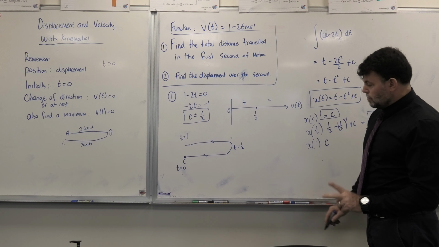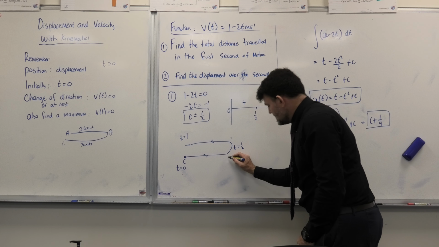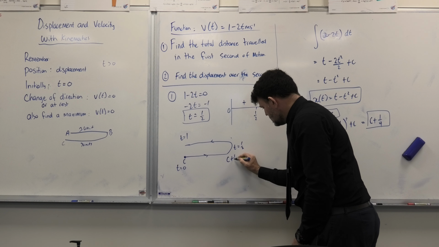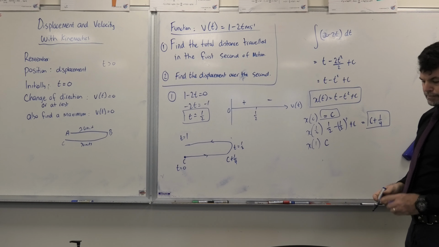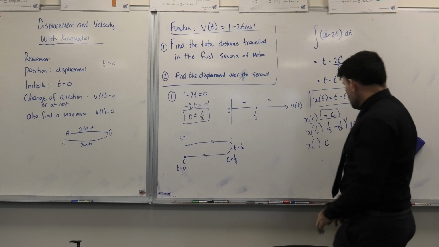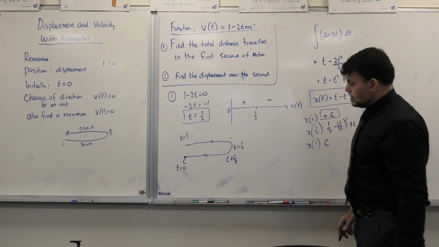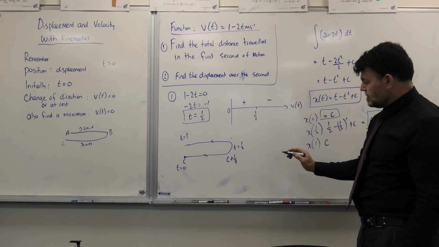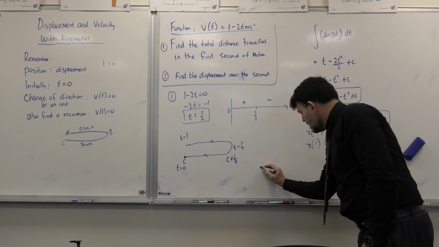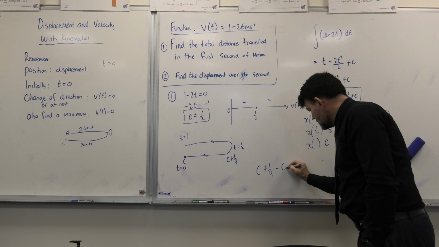So what I don't need to put in here is that when t equals a half, we worked out that this here is equal to c plus 1/4. And when it goes back, we're going back towards its c value. So if we're going to work this answer out, we would have c plus 1/4 minus c.